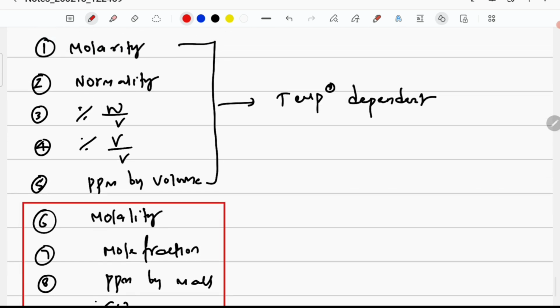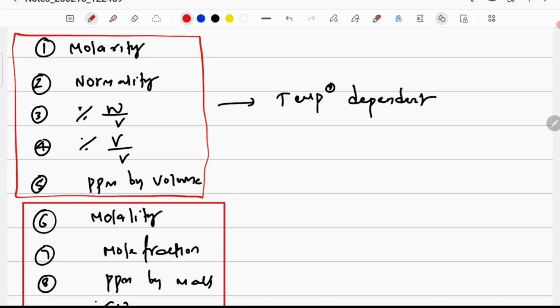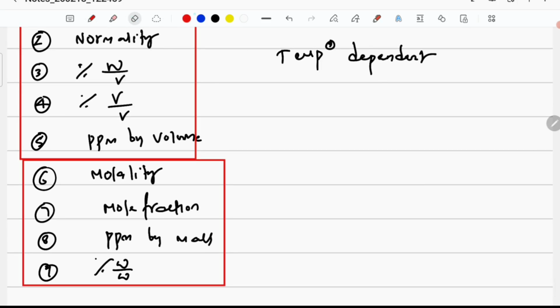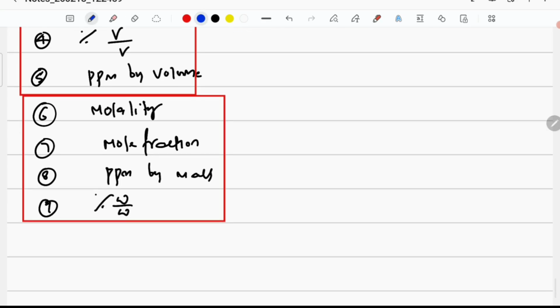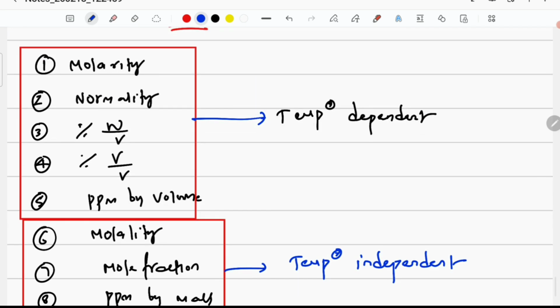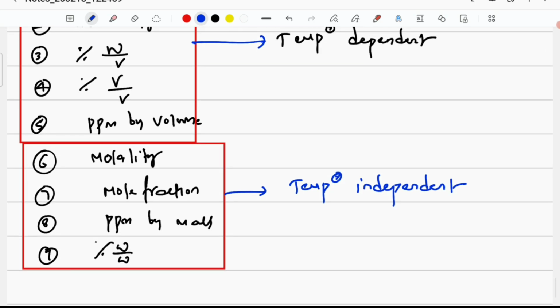Overall, these terms I mentioned are temperature dependent, but molality, mole fraction, ppm by mass, percentage W by W are temperature independent. This we did not write in concentration terms, that's why I am writing here. Molarity, normality, W by V, V by V are temperature dependent. Molality, mole fraction, ppm by mass, percentage W by W are temperature independent.